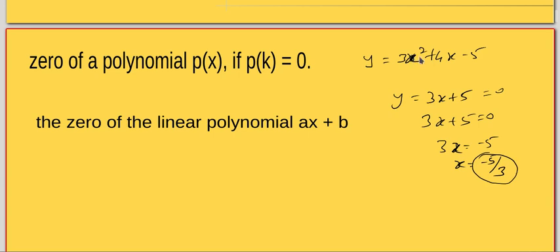In the same way, we can find the zero of the quadratic polynomial also. How to get the zero of the quadratic polynomial? Suppose you take a polynomial x square minus 2x minus 8, this is one of the polynomials. How to find the zero of this polynomial?